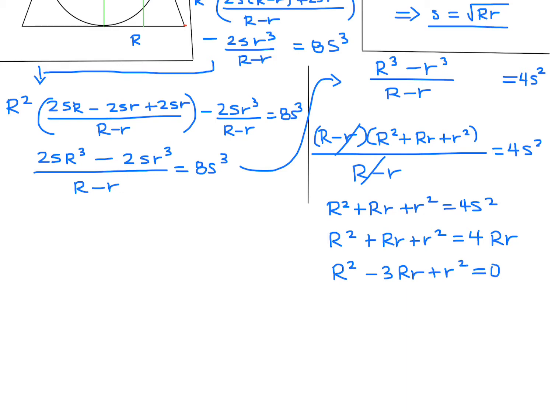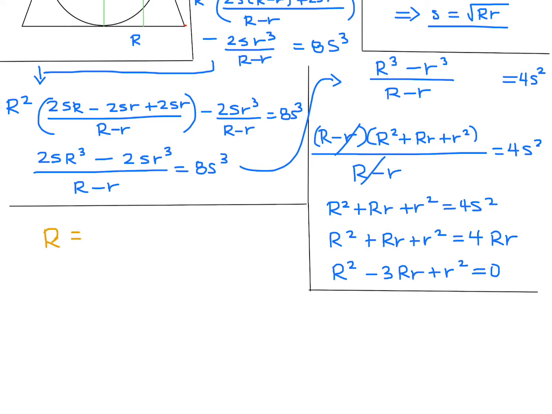Great. But unfortunately, we've got to use a quadratic to solve that. But that shouldn't be too big of a deal. So let's use a quadratic. That means R is equal to minus b. In this case, it's minus minus 3r plus or minus the square root of b squared, which is minus 3r squared, minus 4ac, which is r squared, all over 2a.